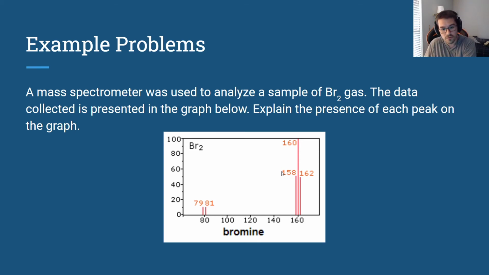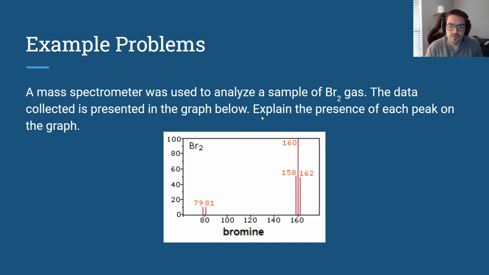About another quarter of the time, both of those bromines are going to be Br81, and so you would have an overall mass of 162, 81 plus 81. About half the time, either the first one is going to be 79 and the second one is 81, or the first one is 81 and the second one is 79, and in both of those cases, the mass comes out to be 160. That's why that middle peak is twice as high as these other 2.